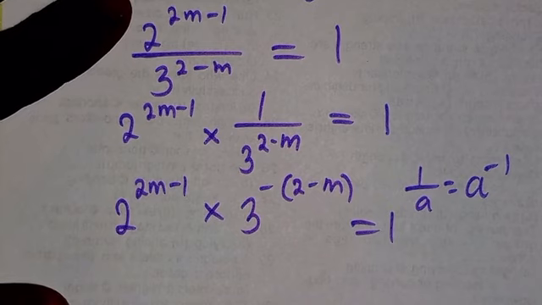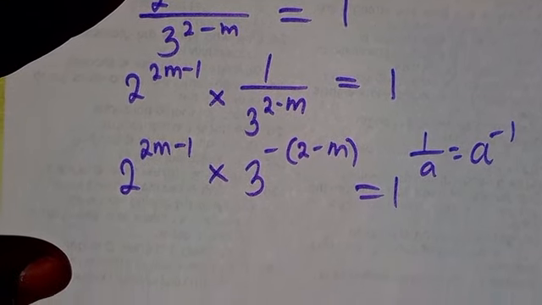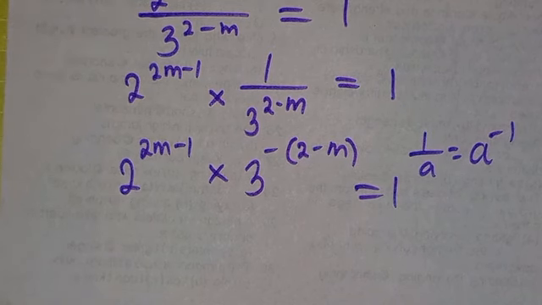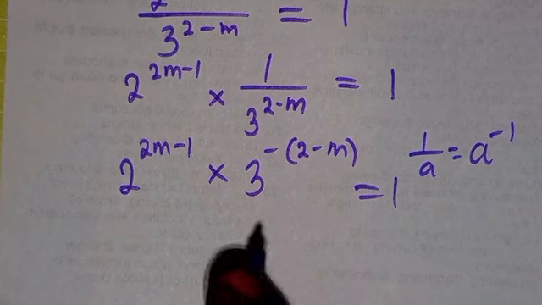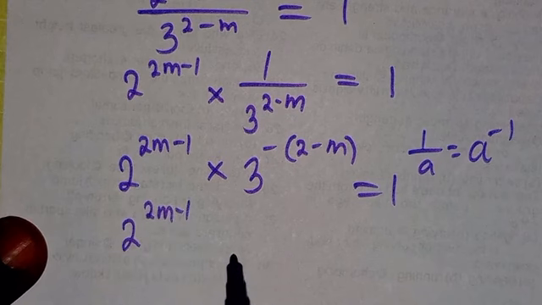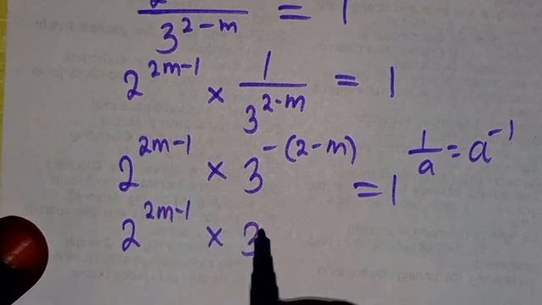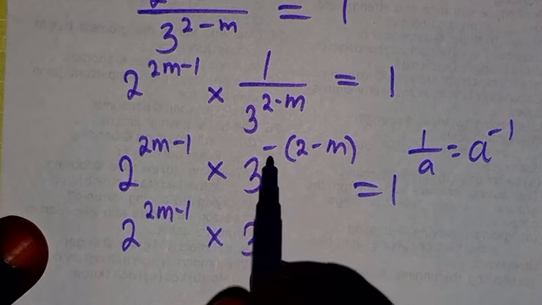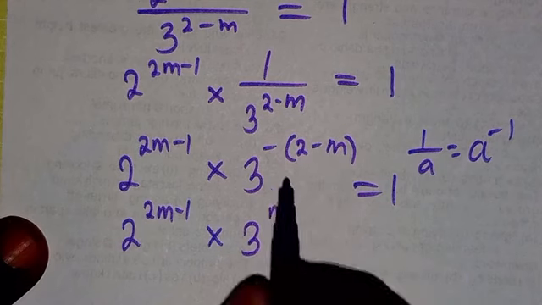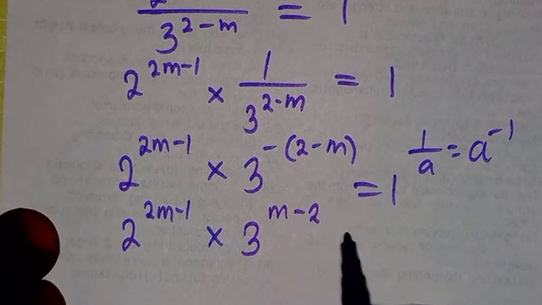Now let me rearrange this: minus times minus, so this is going to be m minus 2, which equals 1.